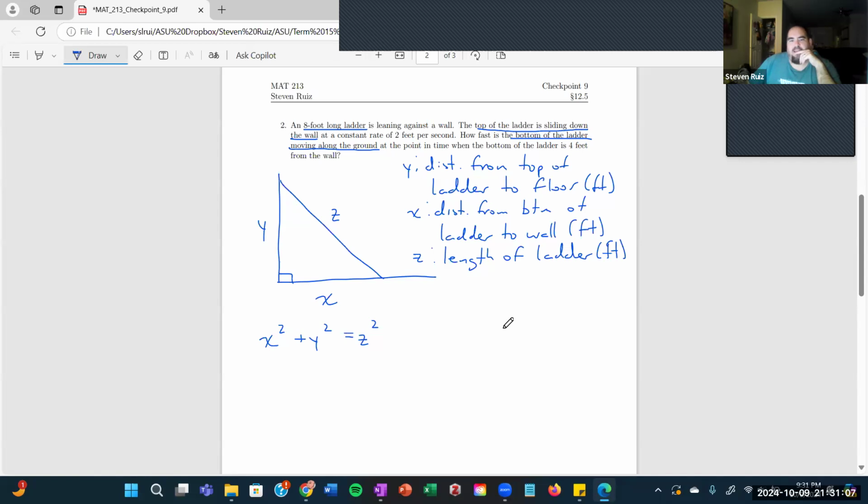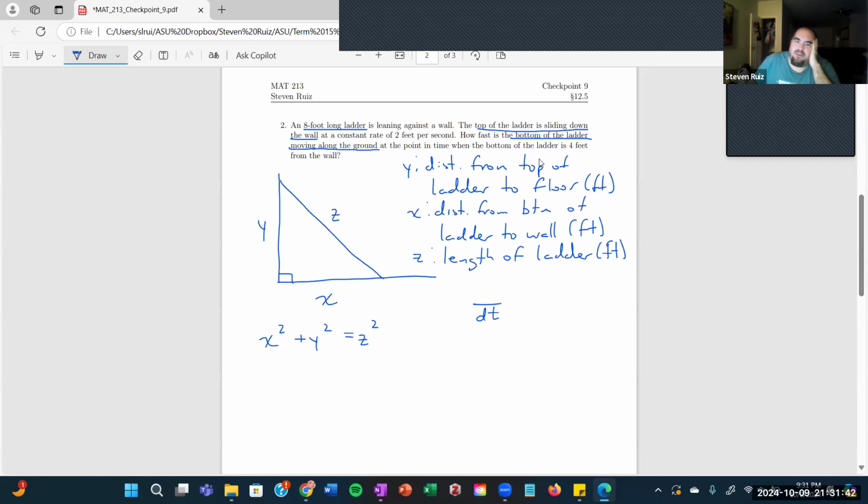Now is probably a good time to figure out what it is that I want from this, so let's read the question again. An 8-foot long ladder is leaning against a wall. The top of the ladder is sliding down the wall at a constant rate of 2 feet per second. Okay, there's a rate, and I know what that rate is. This sounds like a rate with respect to time, but the rate of what length?